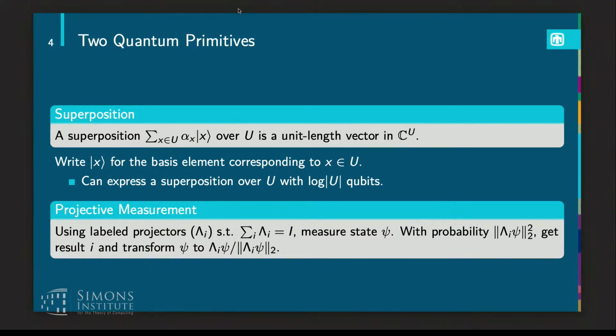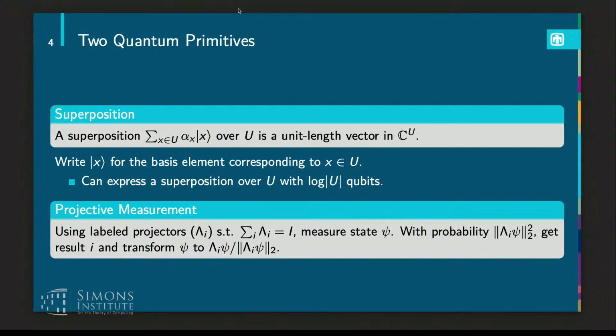There are a lot of ways of formalizing measurement, but the one that I'm going to use here is the idea of a projective measurement. How this works is you construct a family of projectors on this vector space C to the U that sum to the identity. To each of these projectors, you attach a label, which you can think of as a measurement outcome.